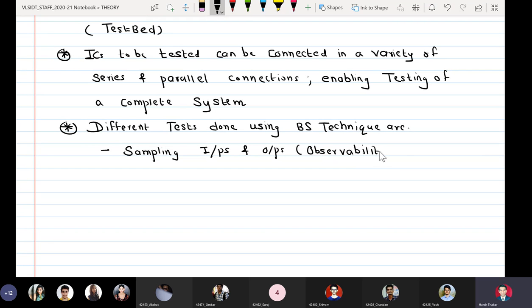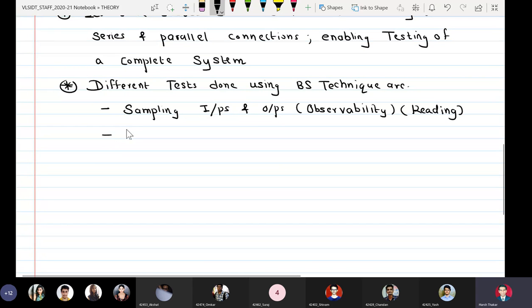Observability means it is a reading operation. When we say sample, we sample an input or an output to read it, so it is observability.